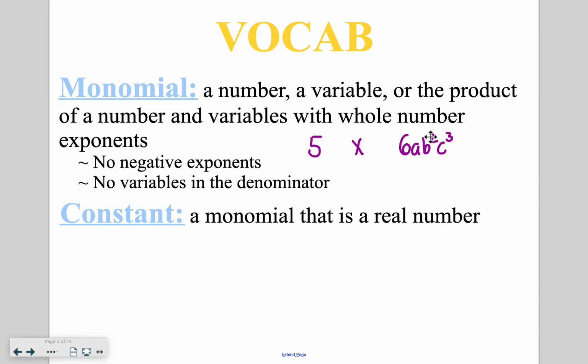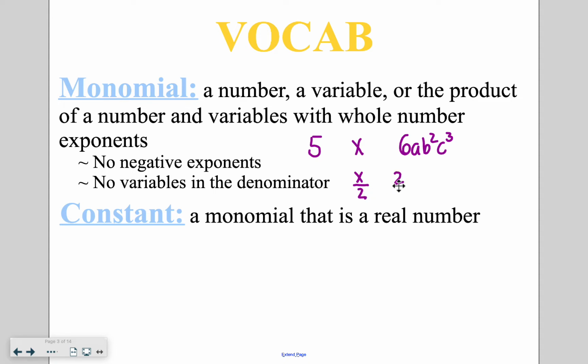Notice all of the exponents here are positive. In order for it to be a monomial, it cannot have negative exponents, which means that there cannot be any variables in the denominator. So if it was a fraction, let's say x over 2, that's okay because it is a number, a constant value in the bottom.